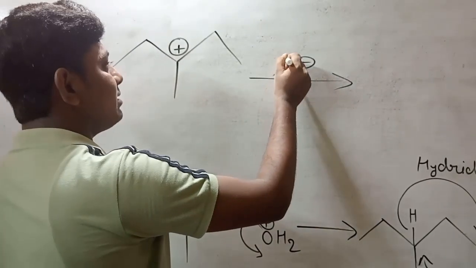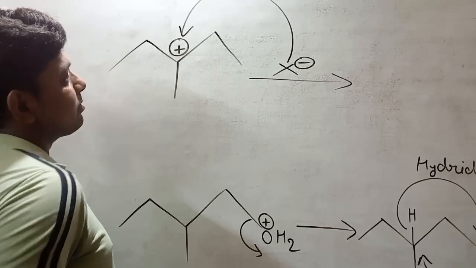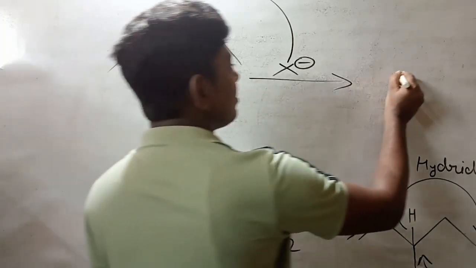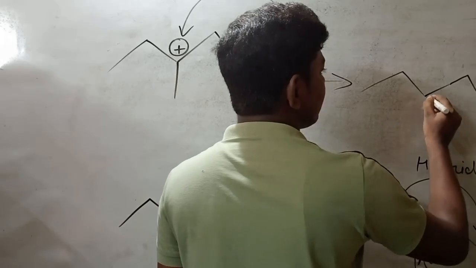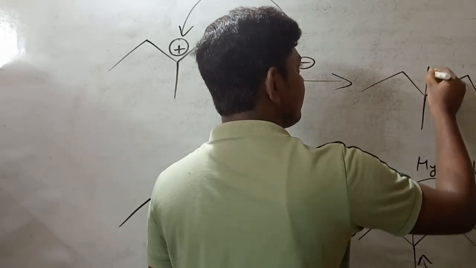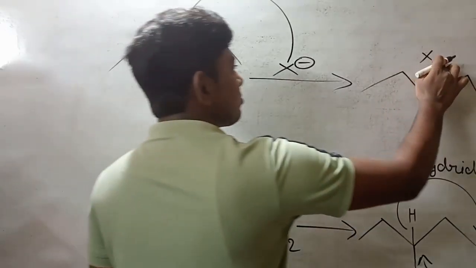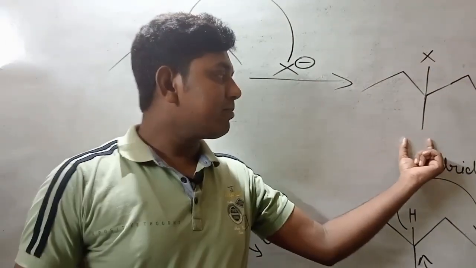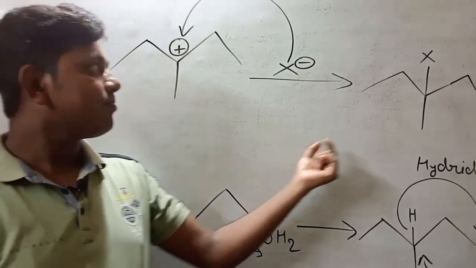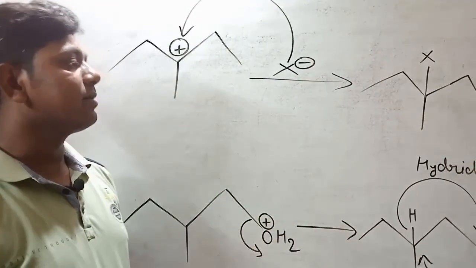After that, the negative charge attacks the positive charge on the carbon atom. This is the final product of this reaction. So the 2 degree haloalkane is formed here.